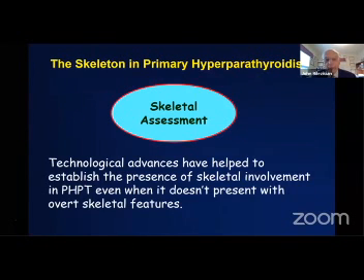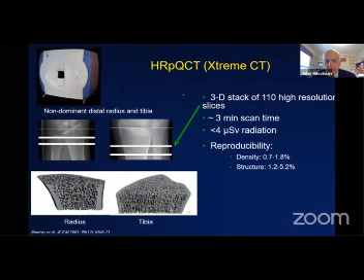Now, how do we explain this, by virtue of the anomalous pattern I showed you earlier in terms of the DEXA results? And I think this can be explained by our opportunity to exploit some of the technological advances of bone imaging to identify the extent to which the skeleton is involved in hyperparathyroidism, even in those who don't present with overt issues.